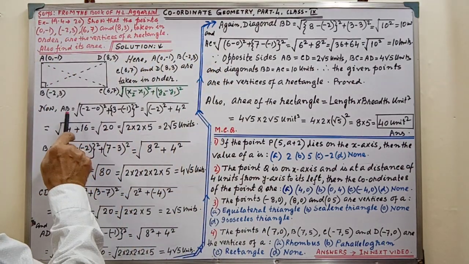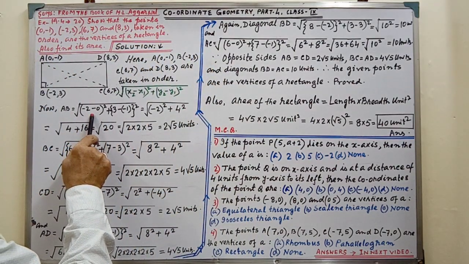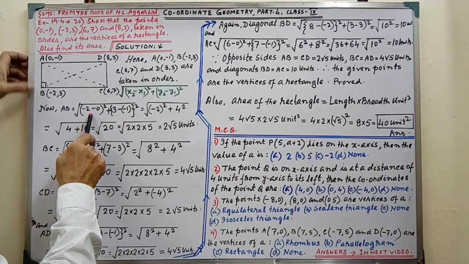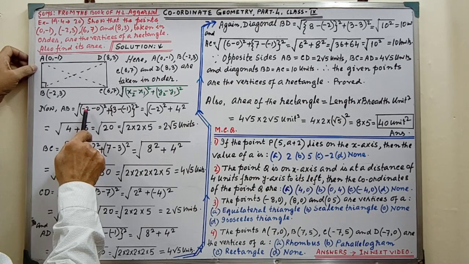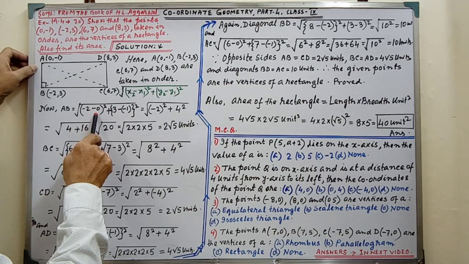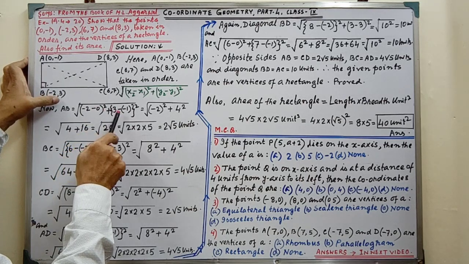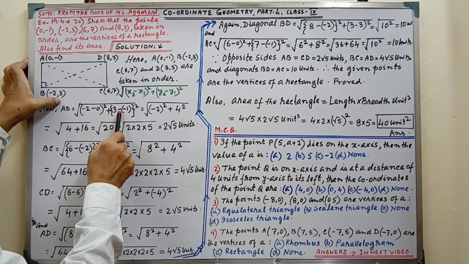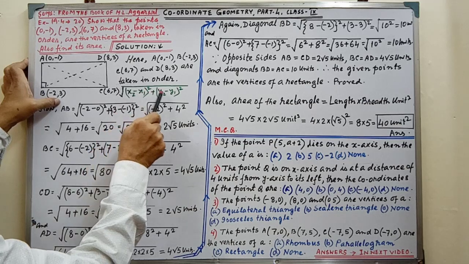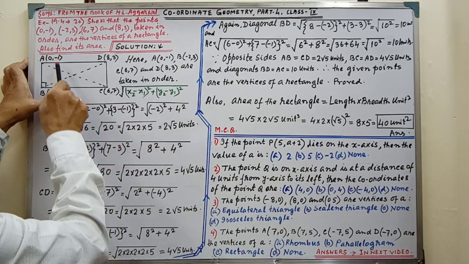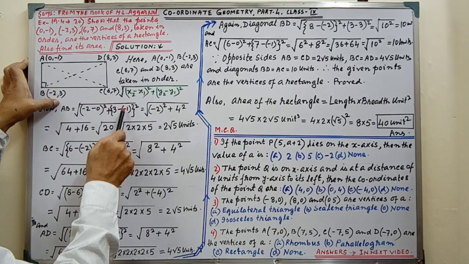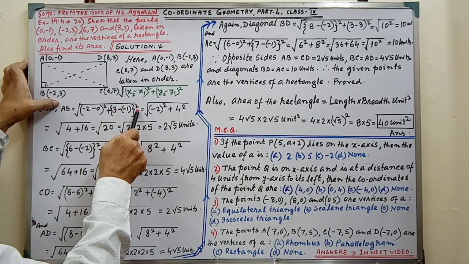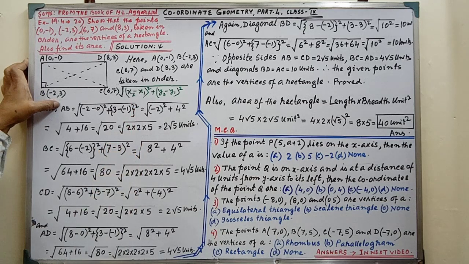Now AB equal to, by applying the formula, x2 minus x1, that is minus 2 minus 0 whole square, then y2 minus y1, that is 3 minus, here is minus from the formula, and here is minus 1 given, so within the first bracket we have to write minus 1, then put the second bracket and whole square.